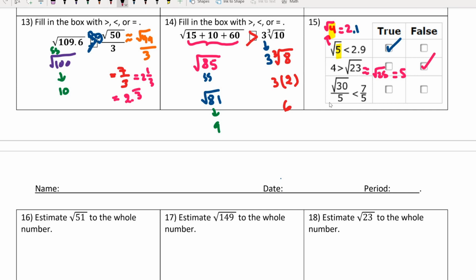Next one, the square root of 30 over 5. The nearest square root to the square root of 30 is the square root of 25, which is about 5.